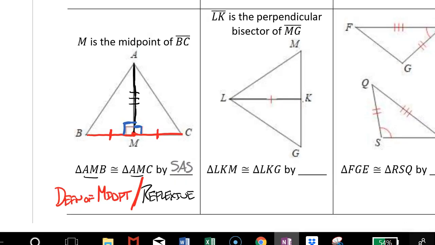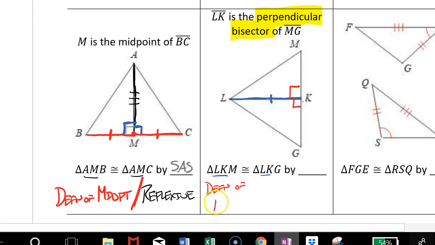In the next example, we see from the diagram we are given that LK is congruent to itself. We can also just kind of see that. Perpendicular bisector is the key phrase here. Perpendicular meaning that we form right angles. Okay, so definition of perpendicular.